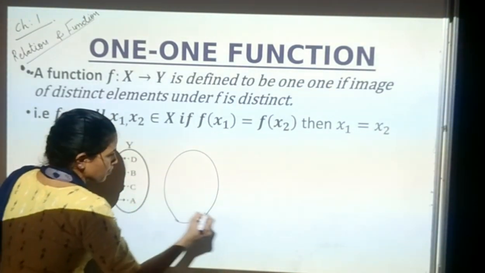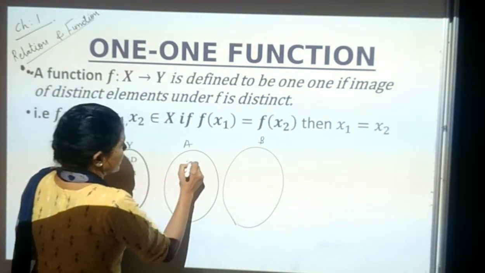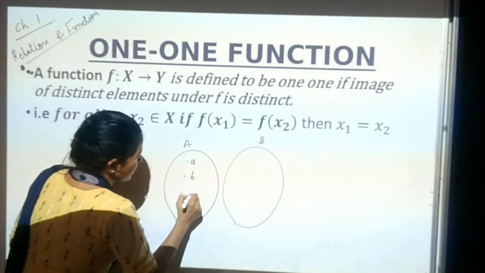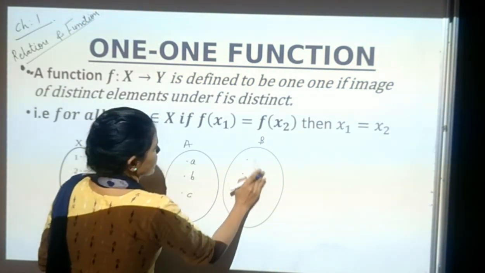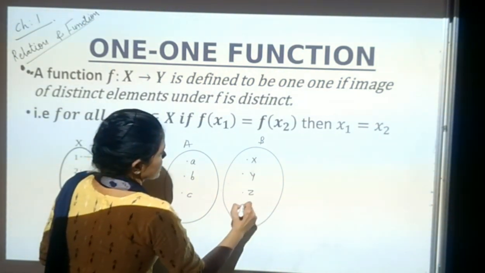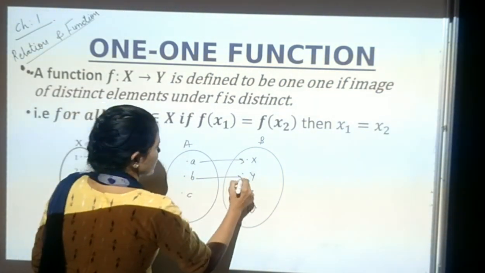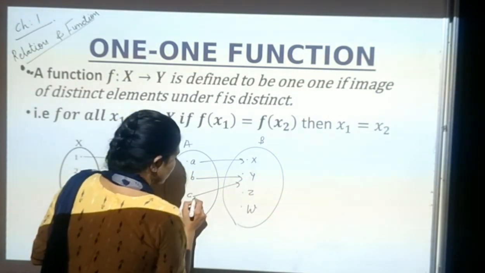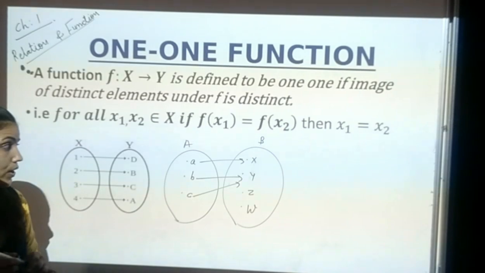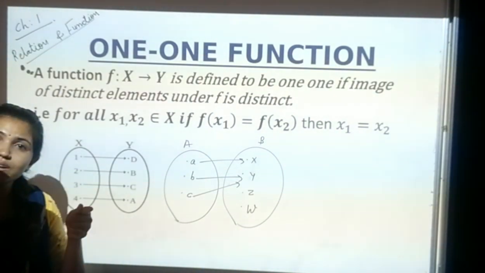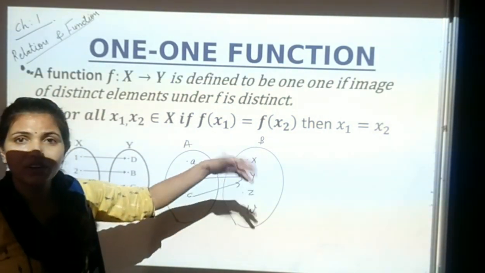If I draw this type of diagram, here A, B, C, and here I should write X, Y, Z, W. Here A goes to A, B goes to C. So is it a one-one function, students? You can check what is the meaning of one-one. If we take one element, then your image will be distinct.